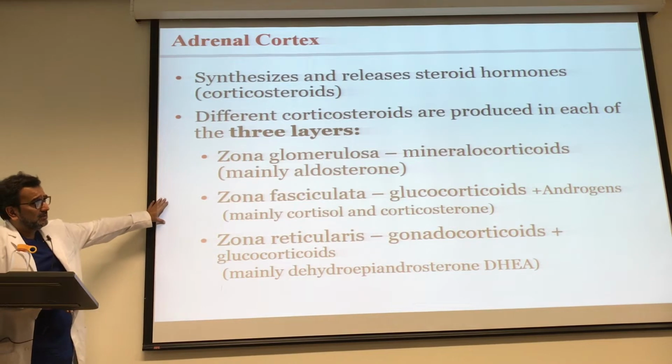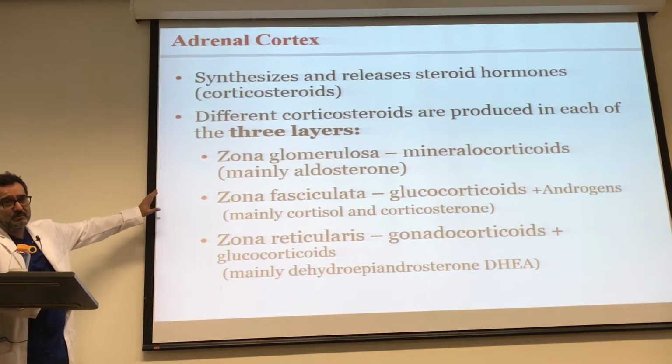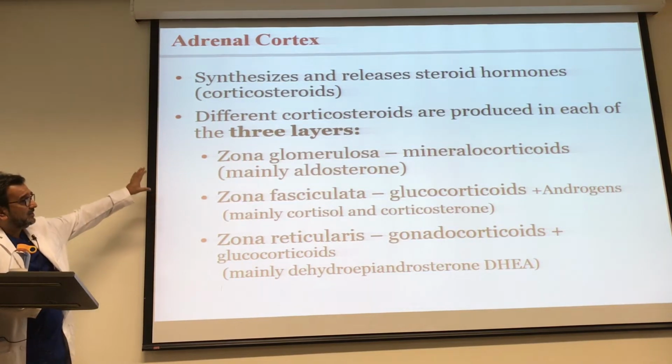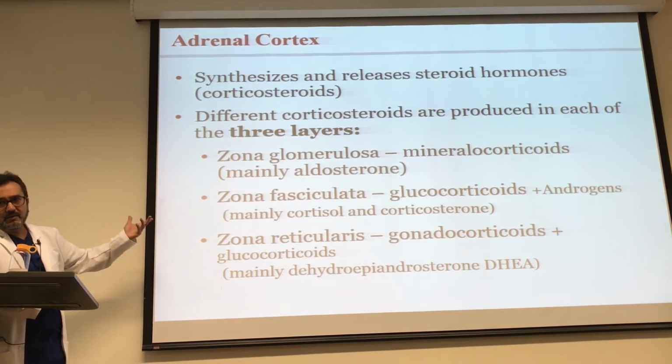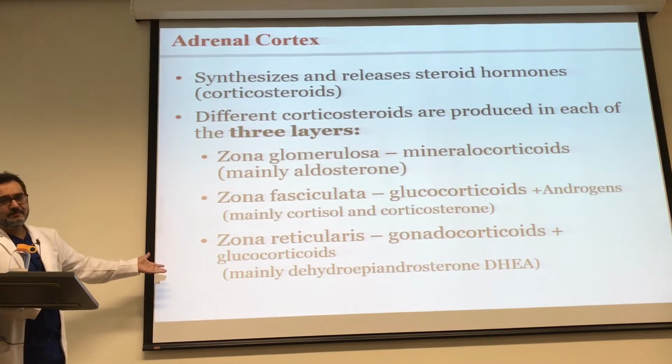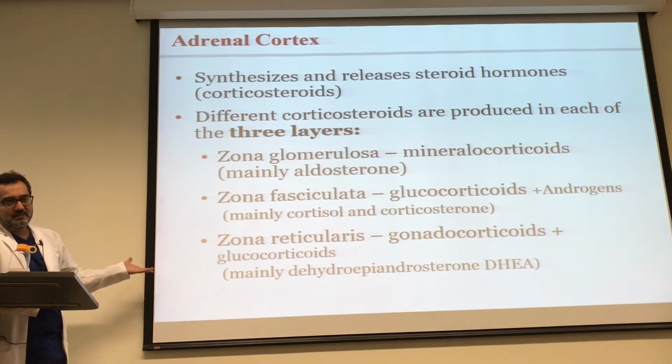The biggest layer within the adrenal cortex is the zona fasciculata, which forms about 70 to 80% of the cortex. Then you have zona glomerulosa, which is 15 to 20%, and zona reticularis is about 7%. The androgens have a major role in females because they are male hormones mainly, which are produced by the zona reticularis.